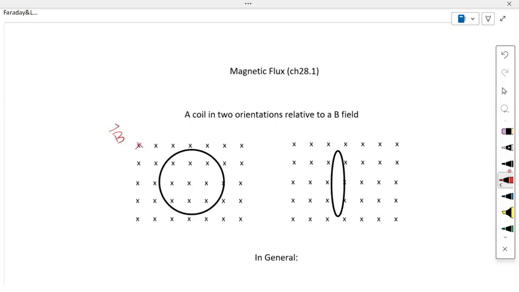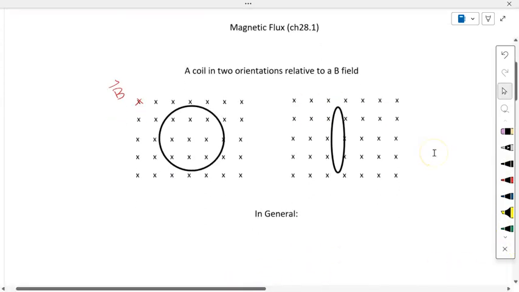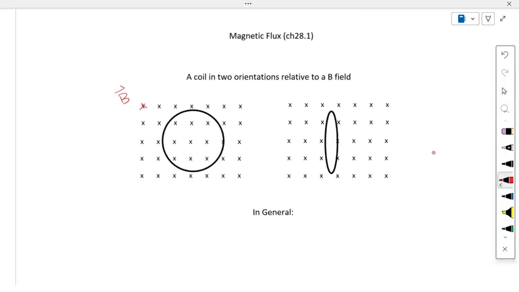And well, look, we've got this coil, or loop. This is a loop, a two-dimensional form as opposed to a three-dimensional surface.